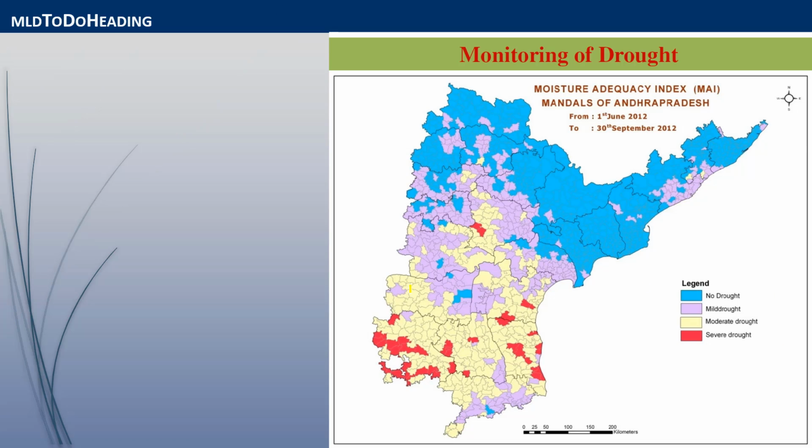And this is another heat map, of Andhra Pradesh, and with the help of this heat map we are monitoring drought. All these blue regions represent that there is no drought, and the red regions represent severe drought. You can see this information was collected from June of 2012 up to September of 2012.